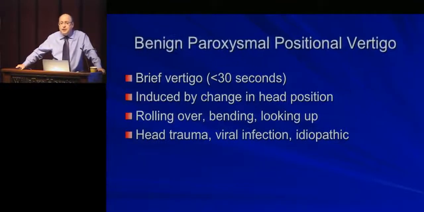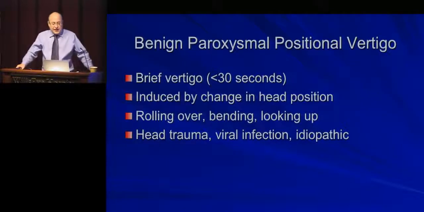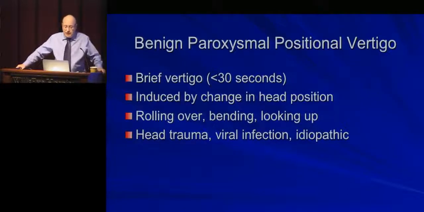What about benign positional vertigo? It's brief vertigo, less than 30 seconds, induced by change in head position. So rolling over in bed will often induce it, bending down and looking up, head trauma, viral infection, or idiopathic. Most commonly seen really after trauma.